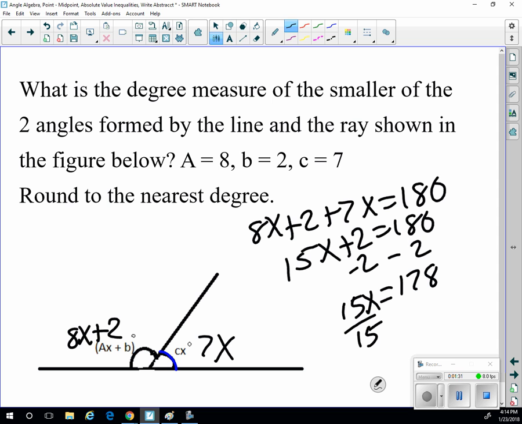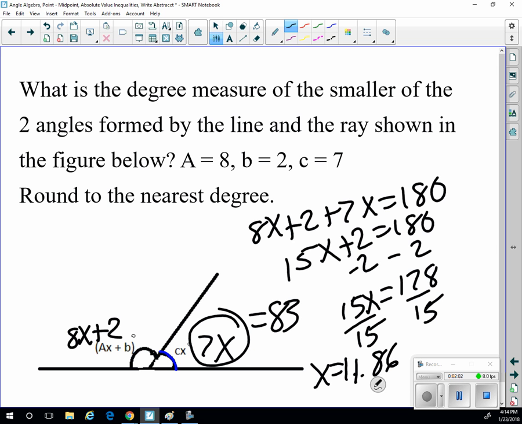And then we divide by 15, giving us the result that x equals 11.86. I'll just leave that in my calculator because I really want the whole angle here, so I want 7 of those. So times 7, so 83 degrees. Well, 83.1 if I stop there.